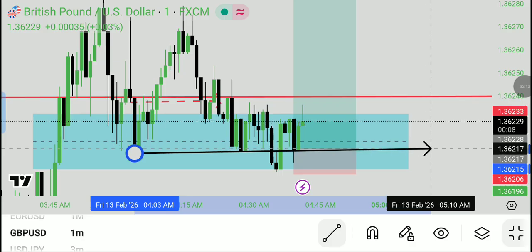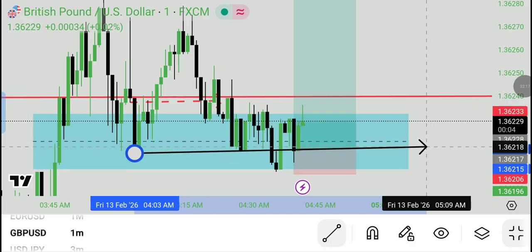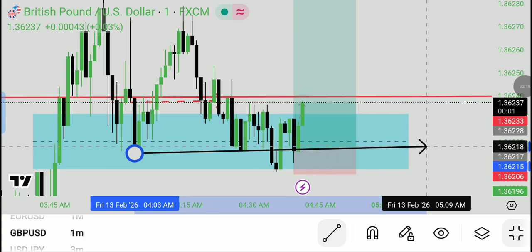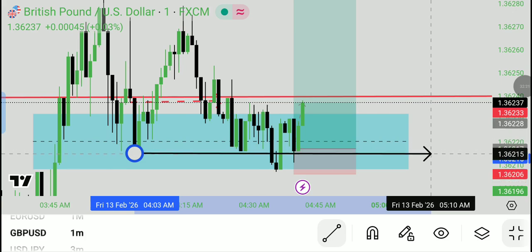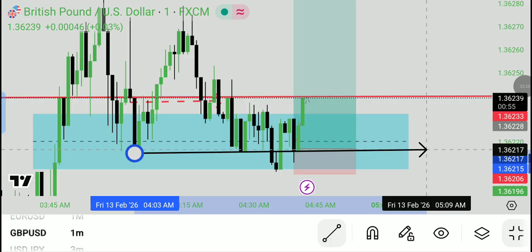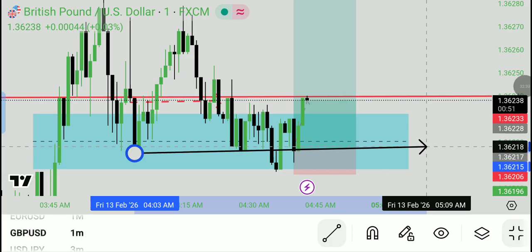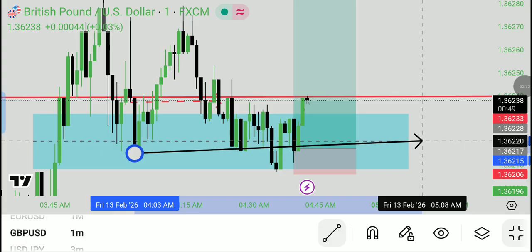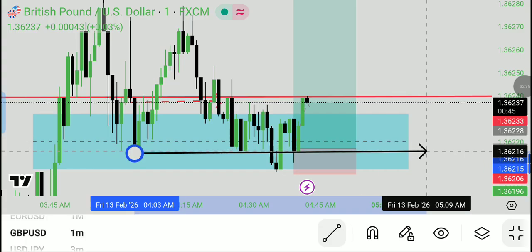I said before I want to go short, I want to see a displacement take this sell-side liquidity out, and the market comes down and still goes back up to it. There was no displacement, there was no space left for this sell-side liquidity. You can see the information as it is going.